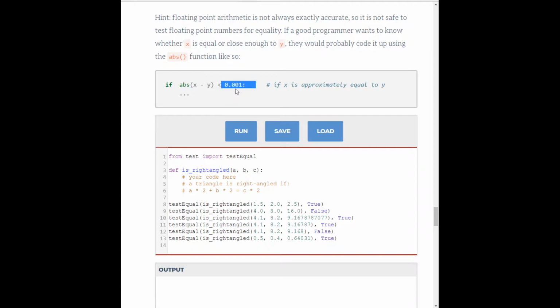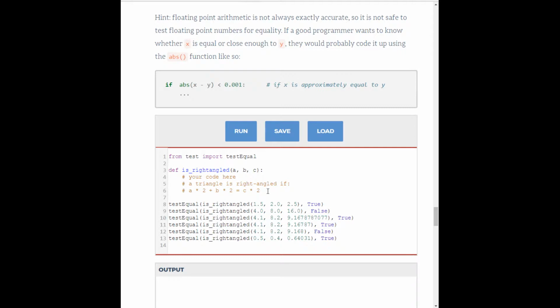So that gets us, for our purposes here, pretty much good enough. If you wanted to be more accurate, you could add some extra zeros here, but again, if you go too far, you're still going to run across the same issues. But this will get us close enough for the purposes of this problem. So anytime we want to check to see whether or not two values are the same during this problem specifically, we'll want to use this.